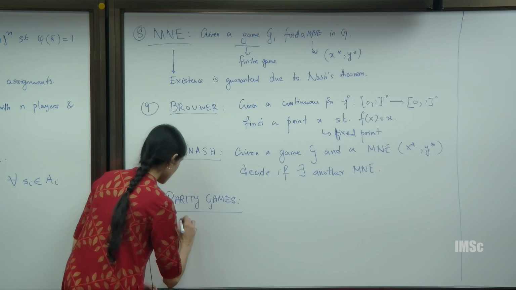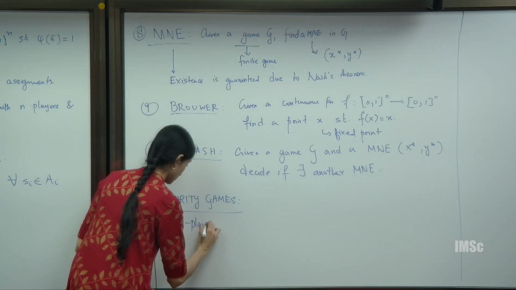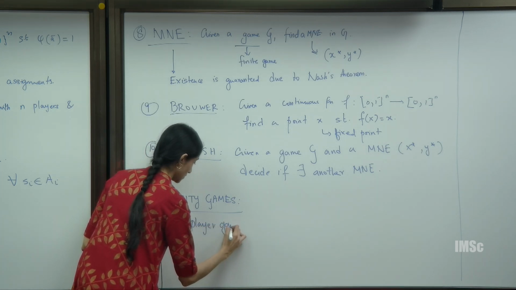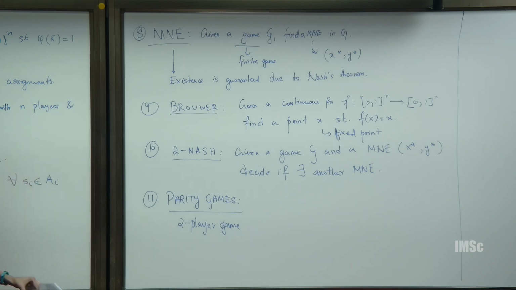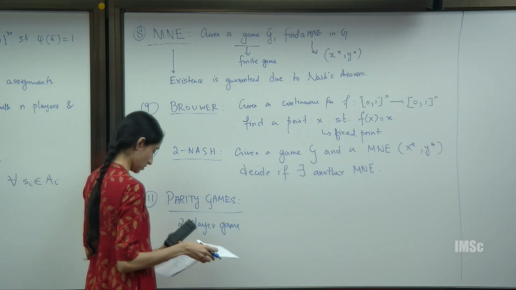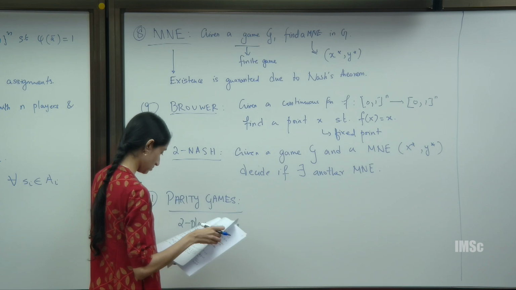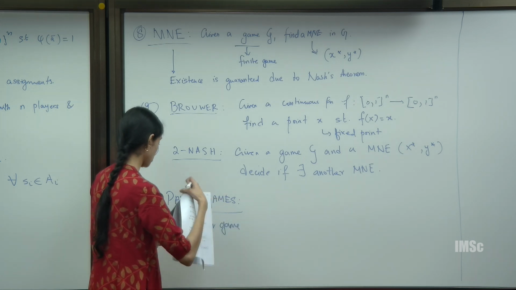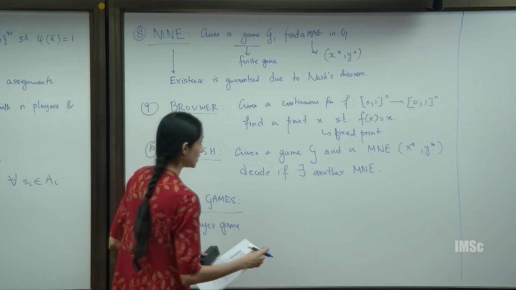So maybe I will write it. Just to recall what a parity game is. There are two players, one is the even player, the other is the odd player, and you have an underlying graph. Okay, so I don't know if I have an example. Okay, I have.